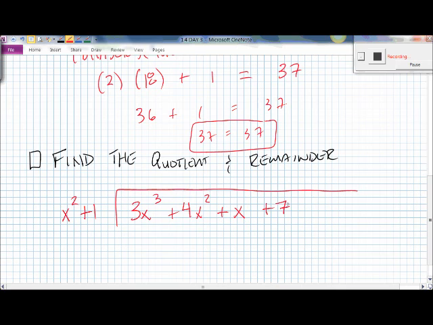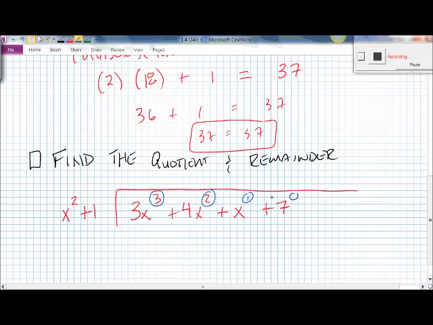Now, before we begin, there's something that's very, very important that you must do before you can do a problem like this. There are no like terms underneath here, right? Right? Yeah, okay, but here's what you have to do. You have to be sure your exponents are in standard form.